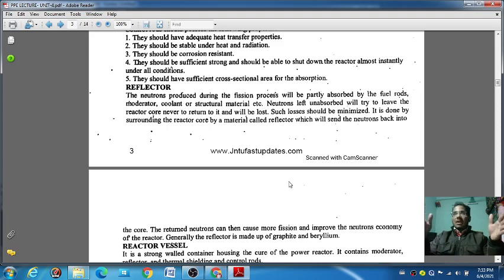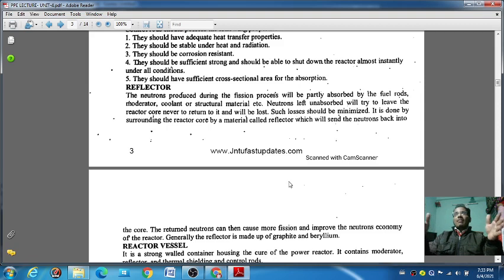This depends on the material surrounding the reactor core. If the surrounding material is not good, the neutrons that are not absorbed will go out, and the reactor will suffer a loss of energy.